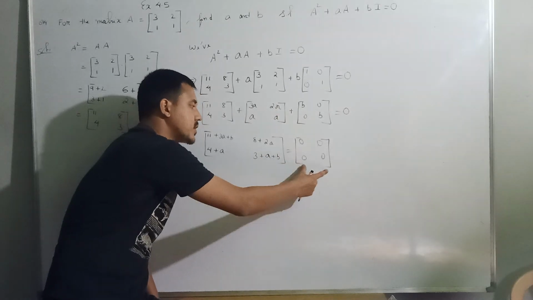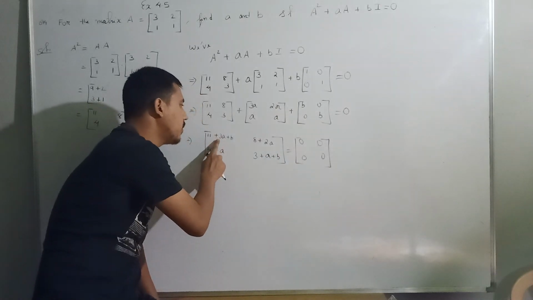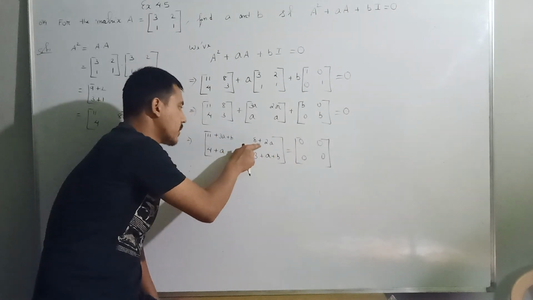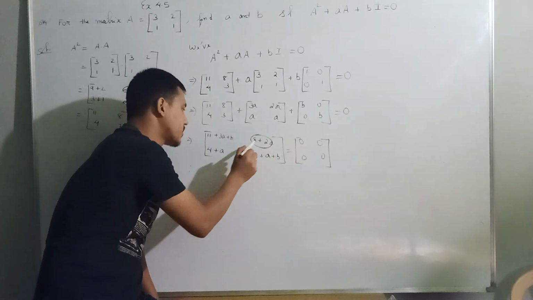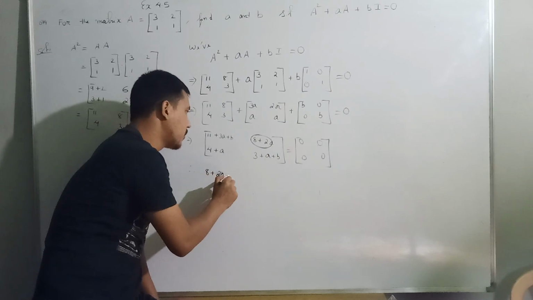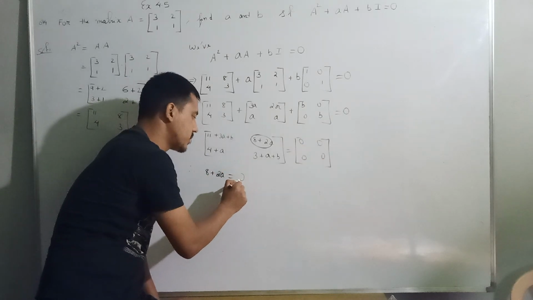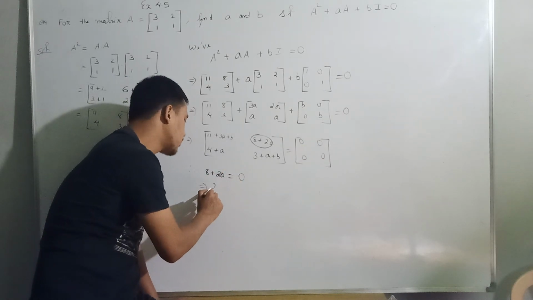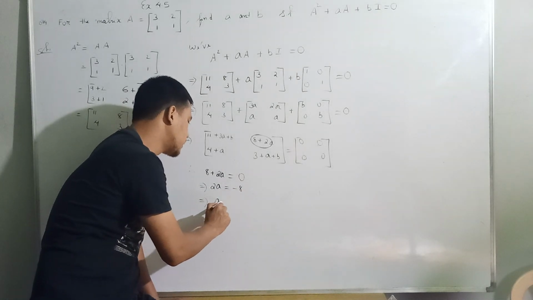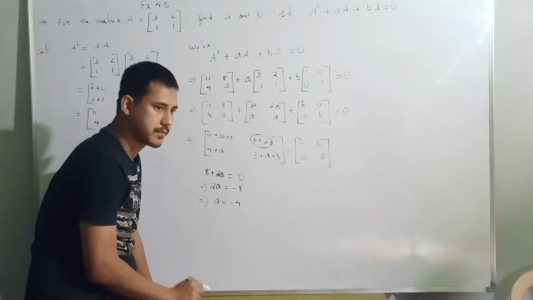So if two matrices are equal, then all their corresponding elements should be equal. So I'm going to take this, suppose 8 plus 2a will be equal to 0. So 2a will be equal to minus 8. So a is equal to minus 4.